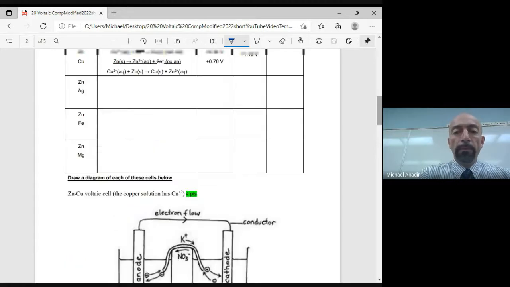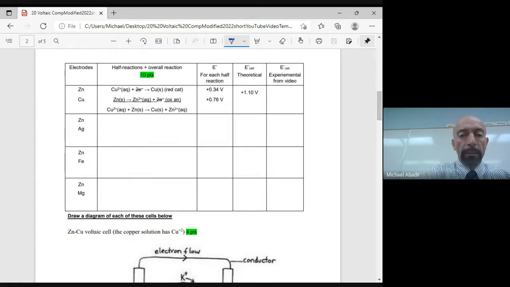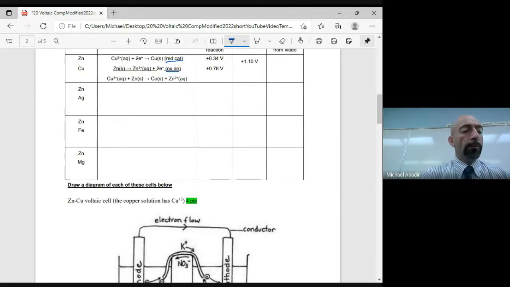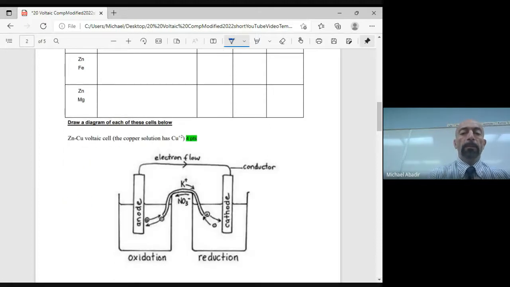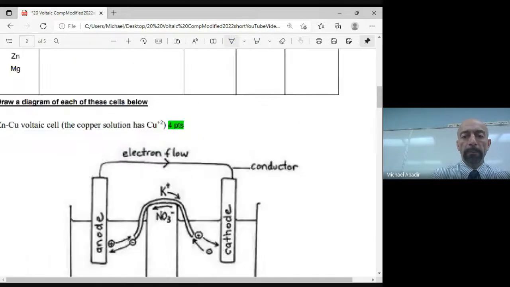So as you recall, in this, the copper is the reduction at the cathode and the zinc is being oxidized at the anode. So if we label this on the diagram, we'll put the zinc on the left side because that's the anode. Let me just make this a little bigger here so I could label it better.